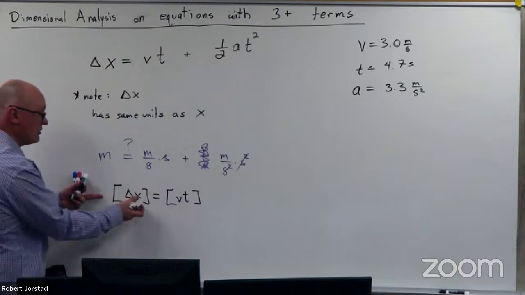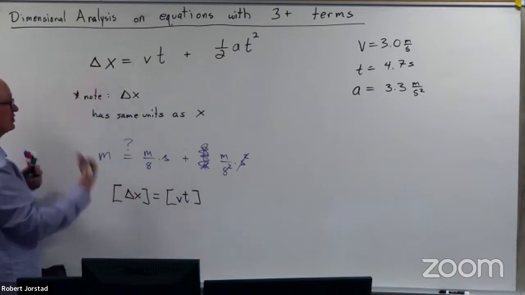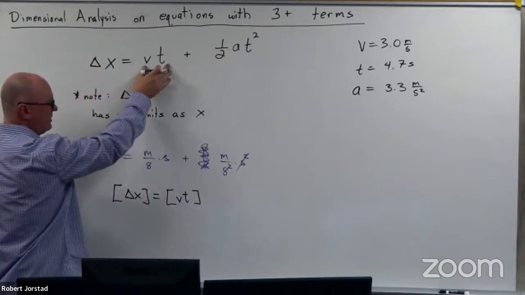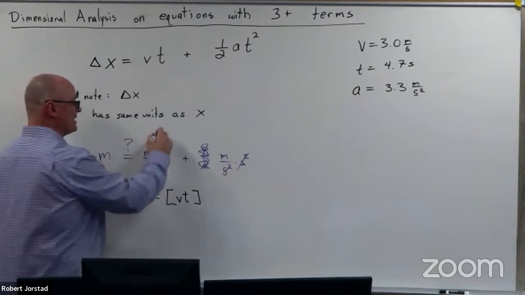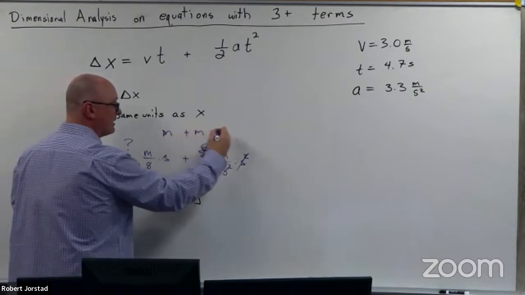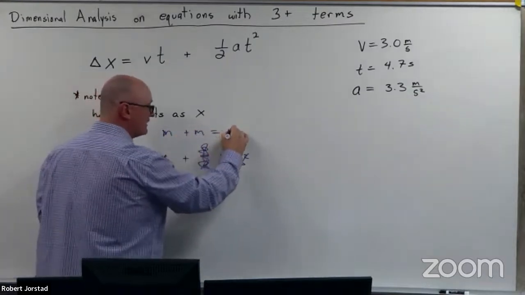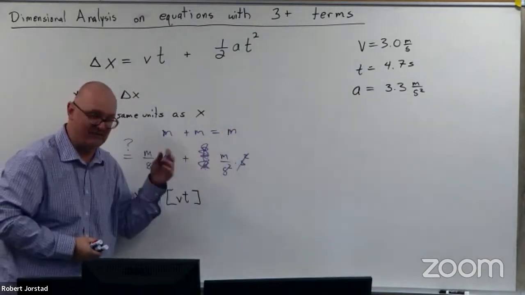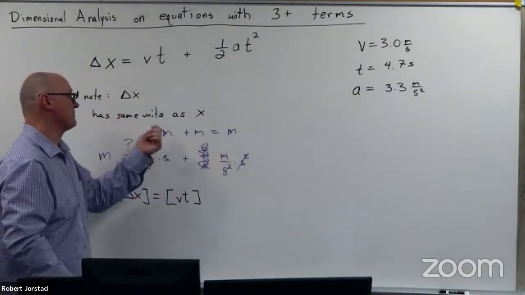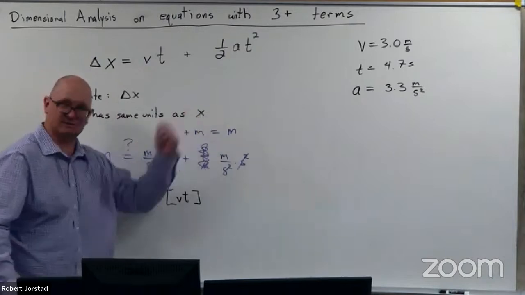I'm saying the units of this term only should equal the units of this term only, and they do, right? But I know from experience that meters plus meters, when I'm doing unit math, should give me something else in meters, right? 3 meters plus 8 meters is 11 meters. So the units, when you're doing addition like this, meters plus meters is meters.